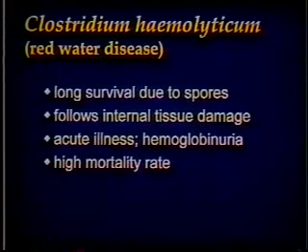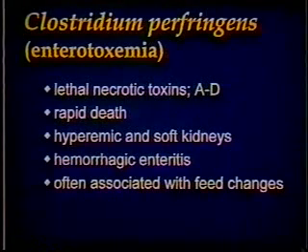The disease may produce a characteristic infarct in the liver, as is shown in this slide. It is not easily controlled through the use of vaccines, but vaccines are used in certain areas where this is most likely to occur.